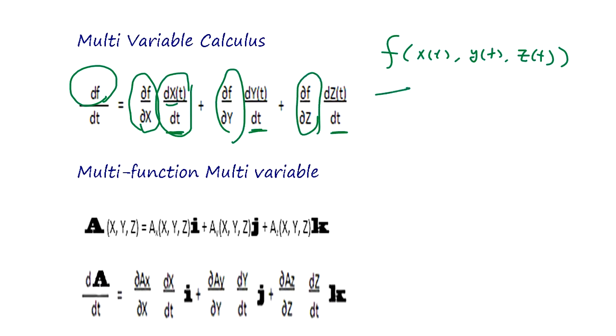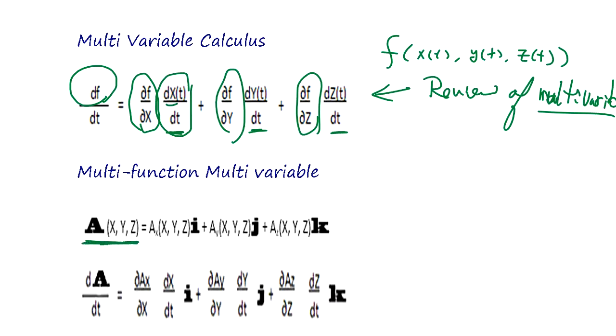So this is a kind of review of multivariable or multi-parameter calculus, right? Now we have a vector. The vector is broken into i, j, k vectors. Okay, we cover this in the vector algebra.